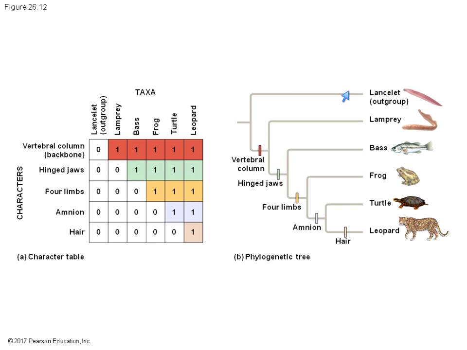Okay? So when looking at our evolutionary relationships, if you will, here's our common ancestor. Here's our lancelet, which is our outgroup. It doesn't share any derived characters with anything else. Here's formation of that vertebral column that everybody has, except the lancelet. Here's formation of hinged jaws, which everybody has except the lamprey and the lancelet.